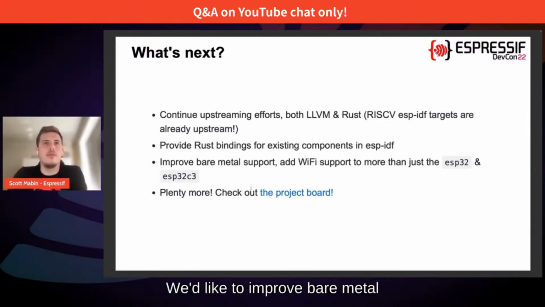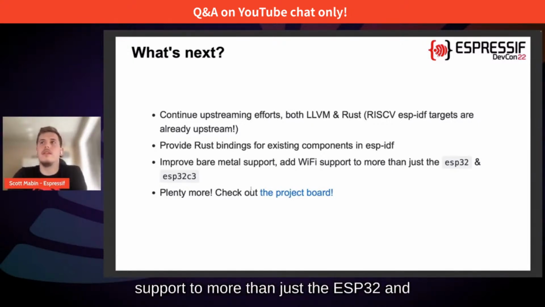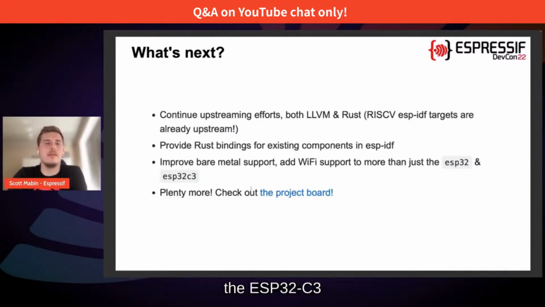We'd like to improve bare metal support. This is an ongoing thing, and that would include adding Wi-Fi support to more than just the ESP32 and the ESP32-C3. So the standard library supports Wi-Fi and Bluetooth on everything, basically, just because we use the ESP-IDF implementation.